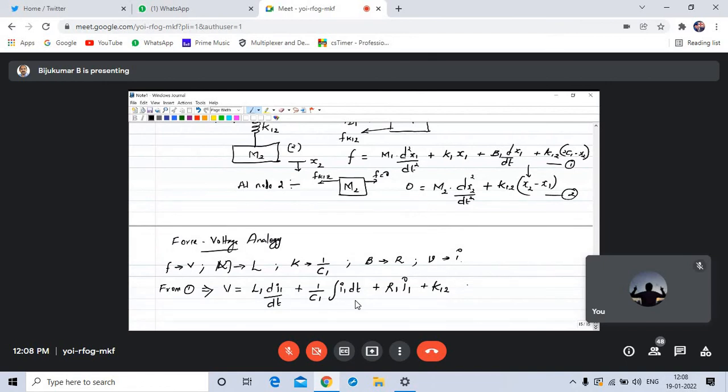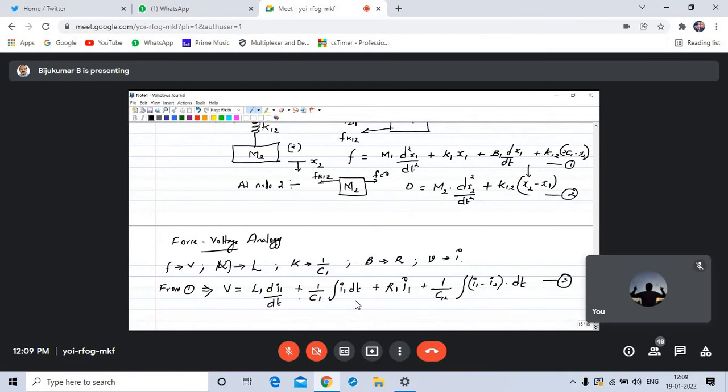So instead of K12 we can write 1 by C12 integral x1 minus x2. That means it is I1 minus I2 into dt. Right? So this will be equation number 3.